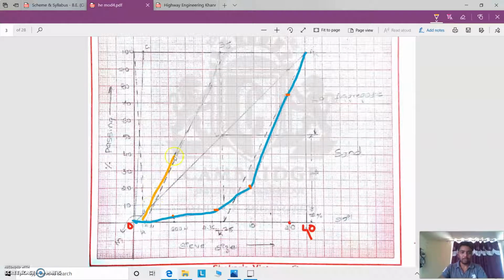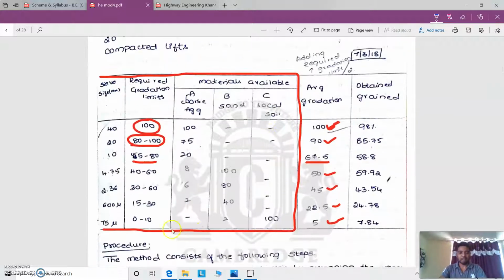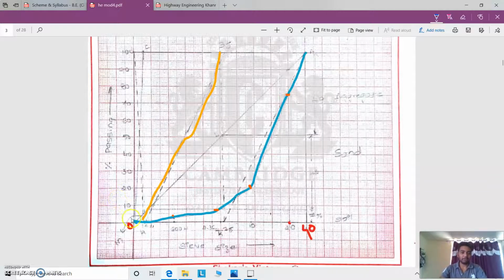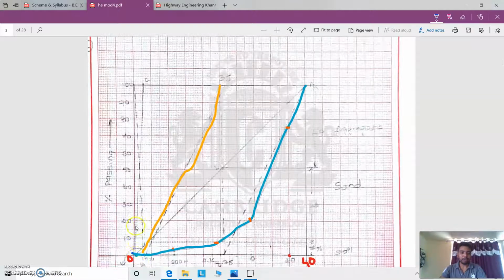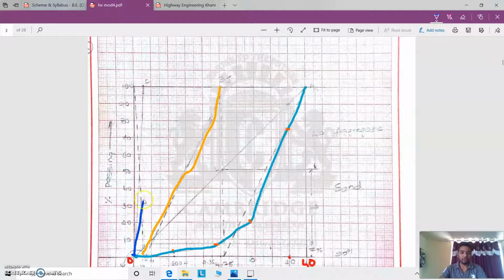Similarly for material C, at 75 micron it is 100, and you can plot it directly.